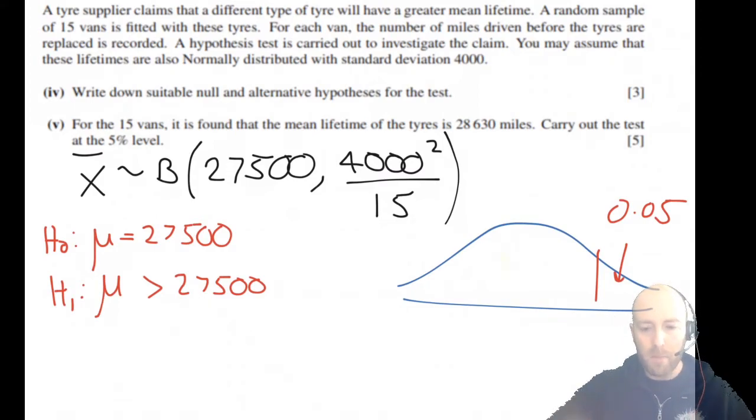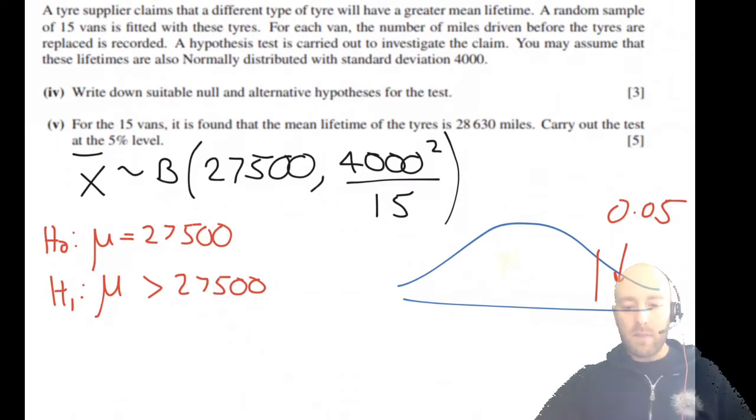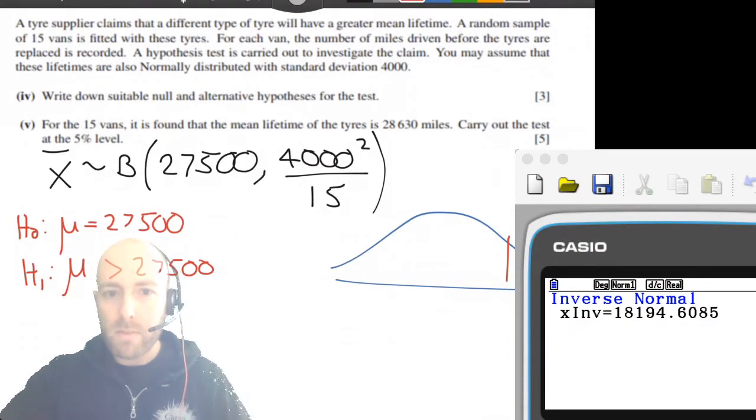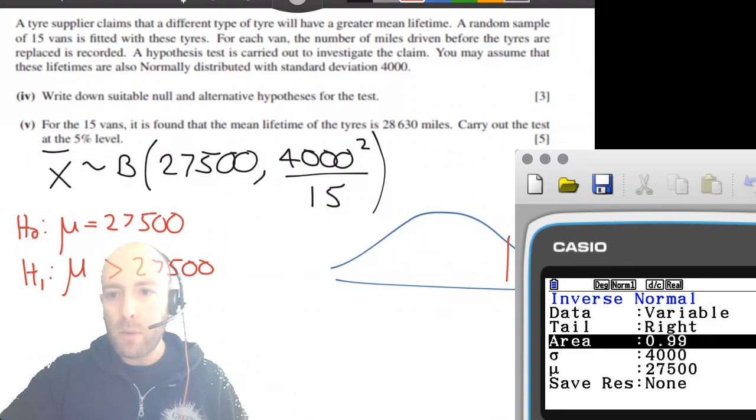So it's an inverse calculation on the calculator. We put in our area as 0.05, our tail is to the right. Find out this value and then see if it's significant or not. So inverse normal to the right, area 0.05.